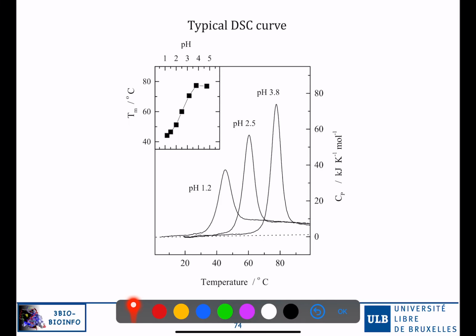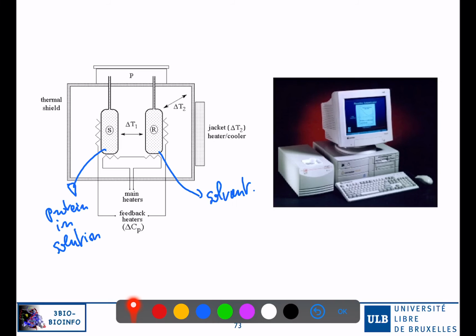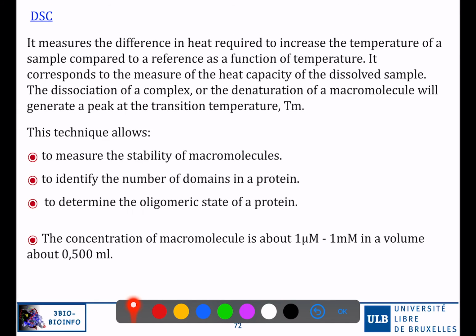And so typical DSC curves are represented here. And here you clearly see one peak that will appear at a given temperature. Now, how can you, for instance, measure the number of domains in a protein?